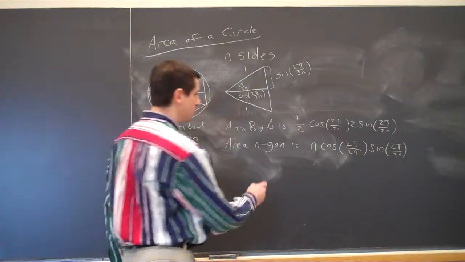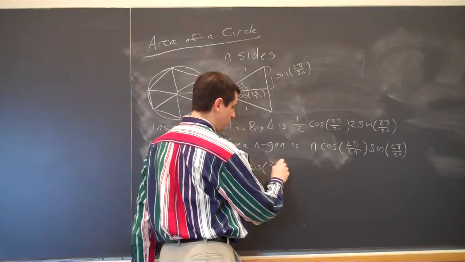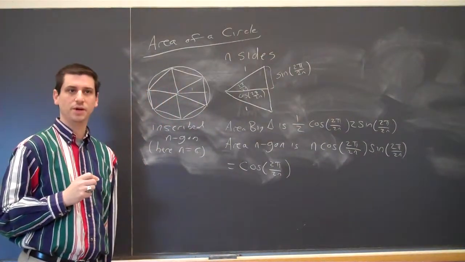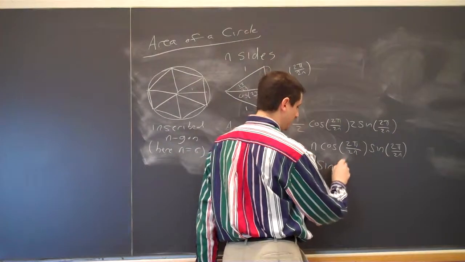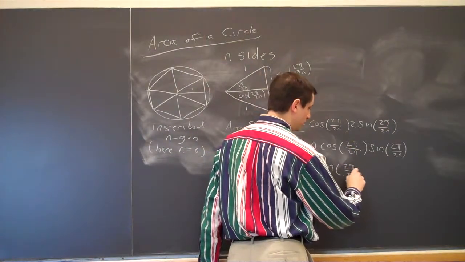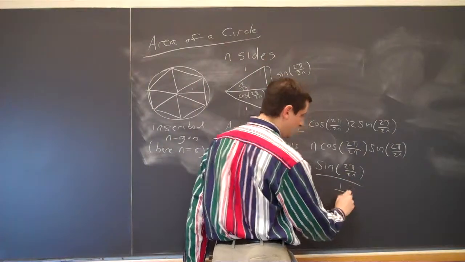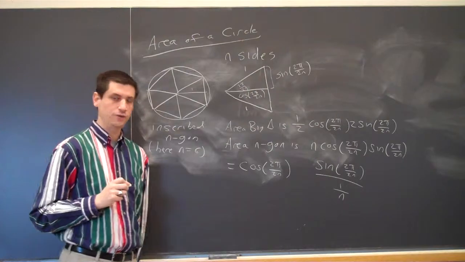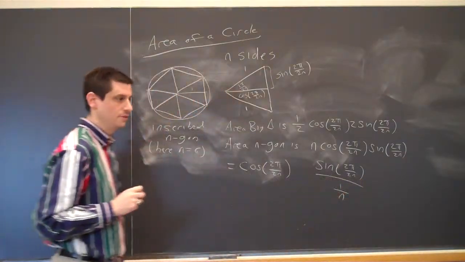I can write this the following way. It's going to equal cosine of 2 pi over 2n, and I love multiplying by 1, so I'm going to multiply by 1 in the following way. I have the sine of 2 pi over 2n, and n in the numerator is the same as 1 over n in the denominator. If you're not sure, if you multiply by n over n, the n's cancel down here.